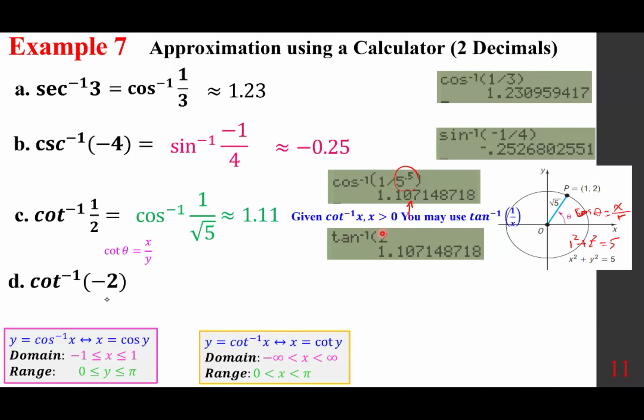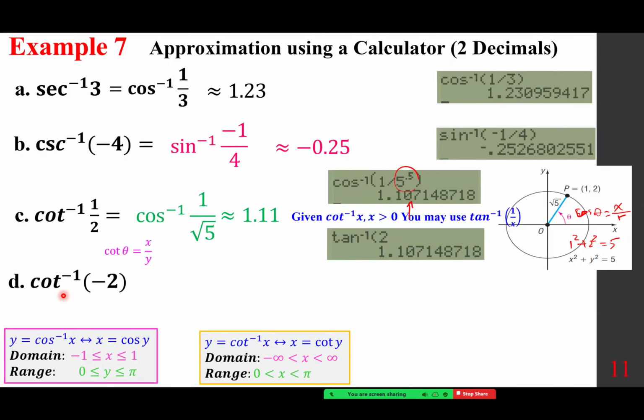But what happens here is interesting. This is x over y, so negative 2 over 1, because in the second quadrant, remember, cotangent goes from 0 to pi.